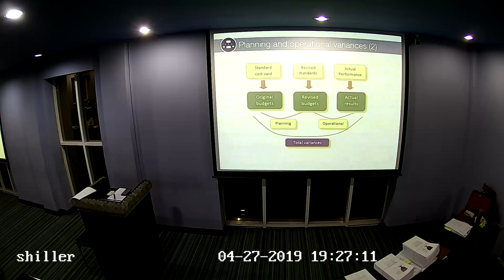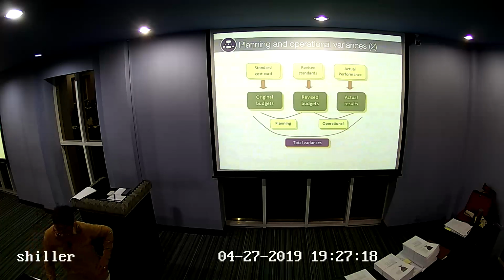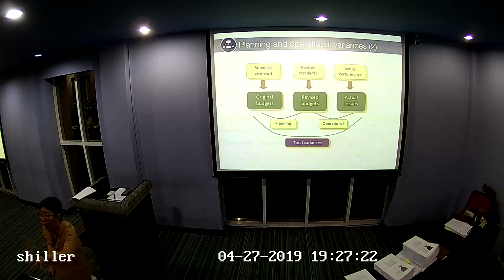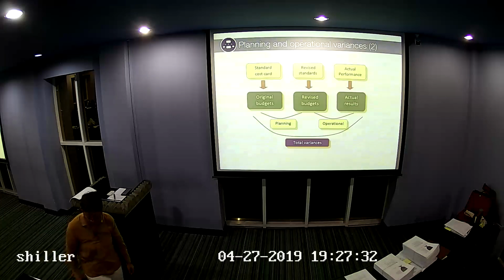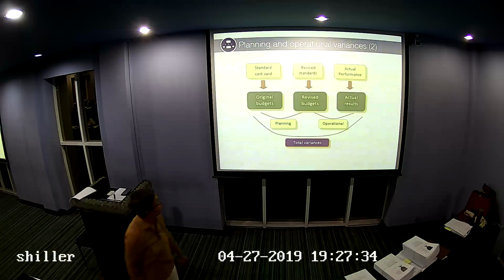So, out of this planning and operational, which variance will I use to measure performance? The planning or the operational? The operational. The planning is not within the control of any manager, so it is not used for performance measurement. But the operational variance is used for performance measurement. Okay?